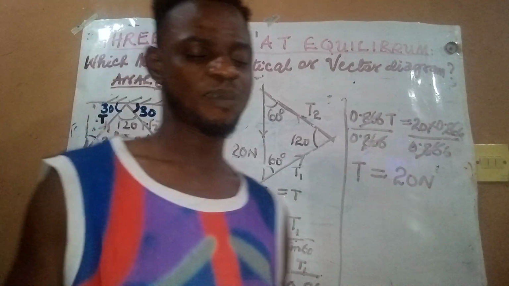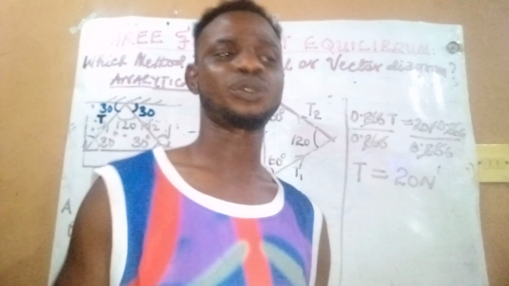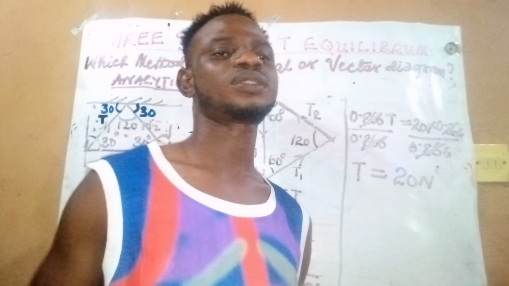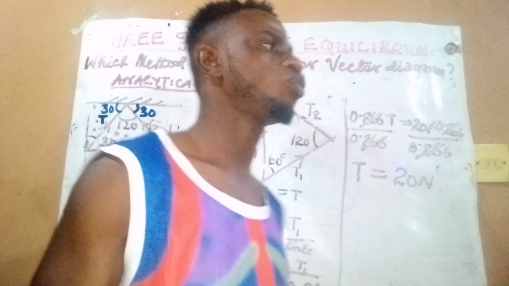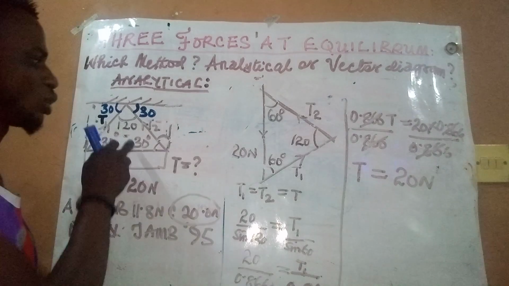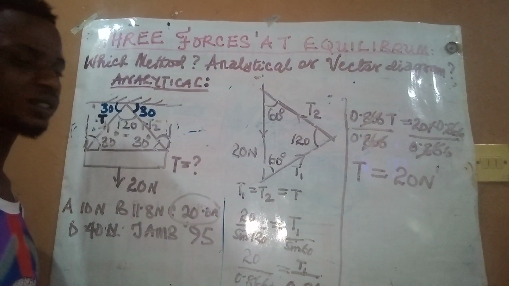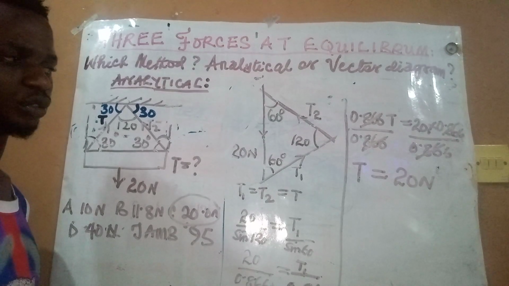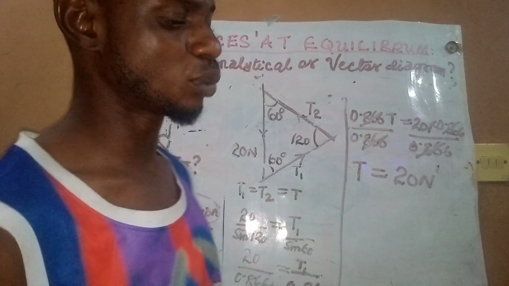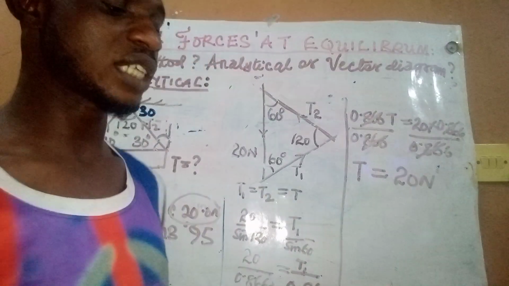Alright, thanks for watching. In our next video, I'm going to show us what to do when there are no angles given. Like in this question, there is at least an angle given here, 30-30. In some questions, you may not see angles. So in my next video, I'm going to show you how to treat questions without angles.